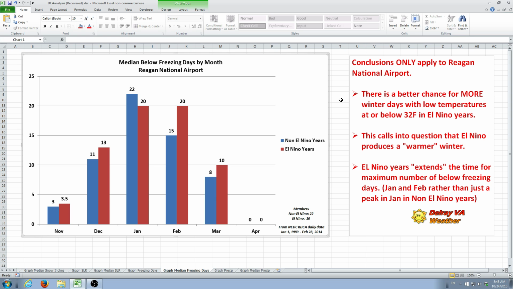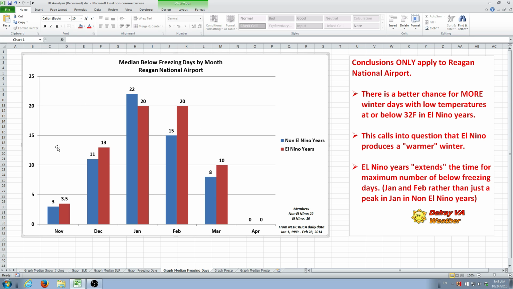Okay, comparing again El Nino years and non-El Nino years, there's a better chance for more winter days with low temperatures at or below 32 degrees Fahrenheit in El Nino years. That means if you look at the graph here, November there's slightly more chance of days with below 32. December we have less, here at January, but much more in February and much more in March.